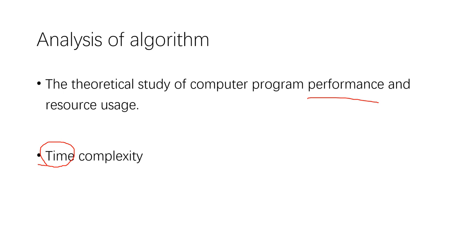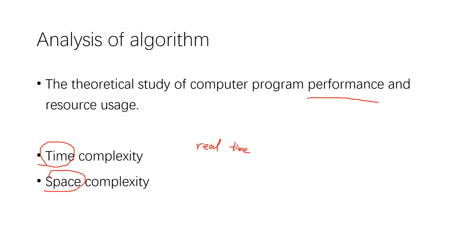Because sometimes you need your program to do some real time operations. So the time is important at that time. And another thing is about the space. We call it space complexity.